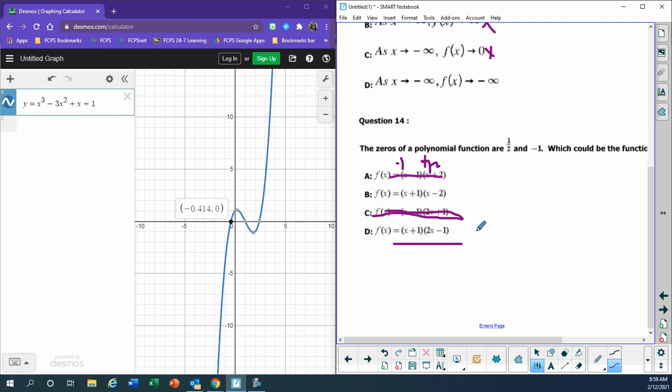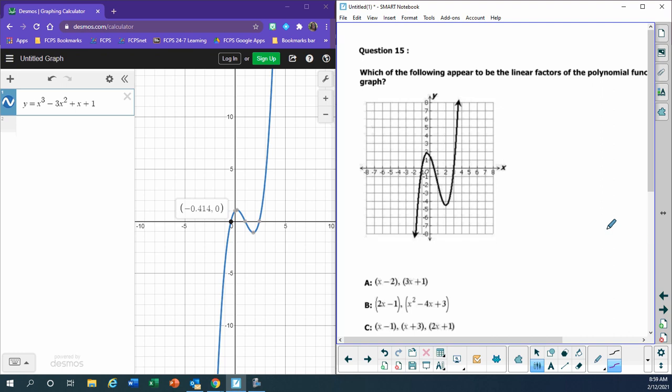If I put -1 plus 1, would that give me 0? Yes, right? So the next one is 2 times 1/2 minus 1, right? The 2 cancels out, so I have 1 minus 1. Would this give me 0? Yes.